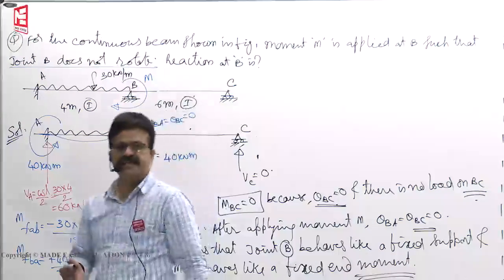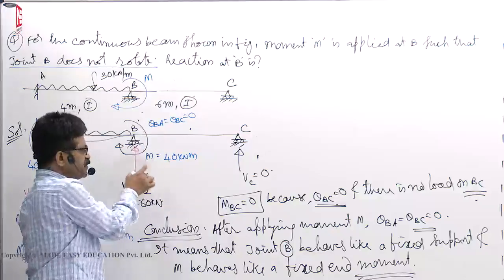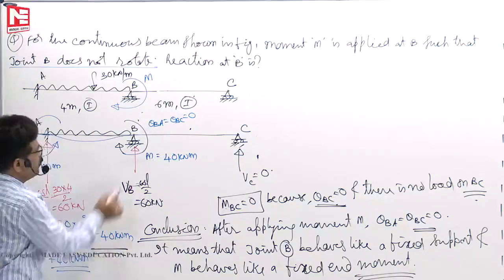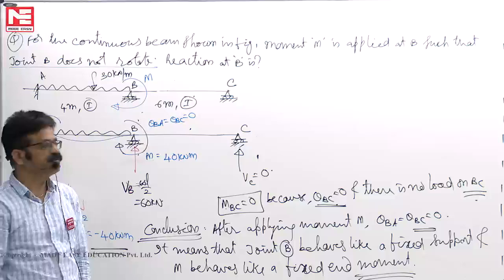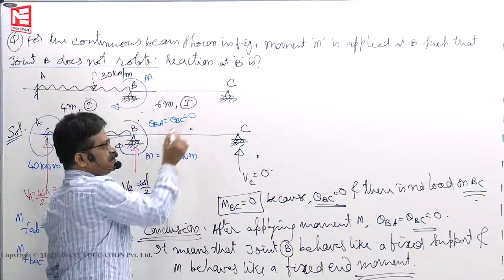So once you understand that theta 0 means it's like the fixed end moment formula we know, then reactions are WL by 2.